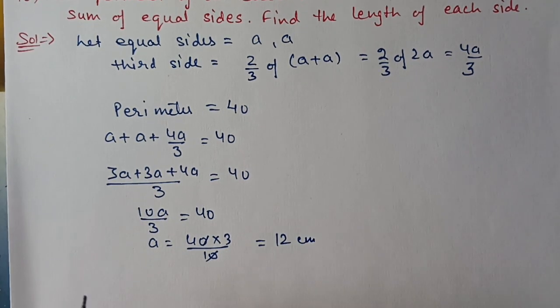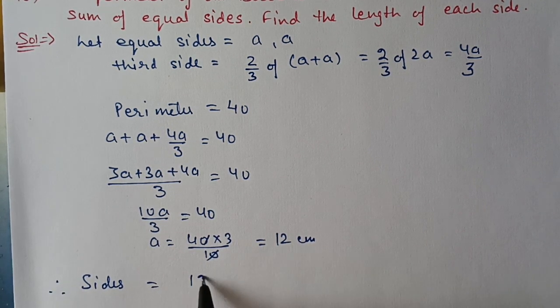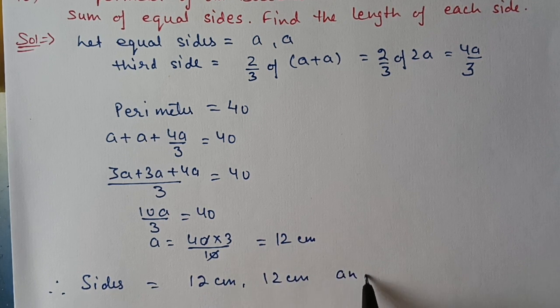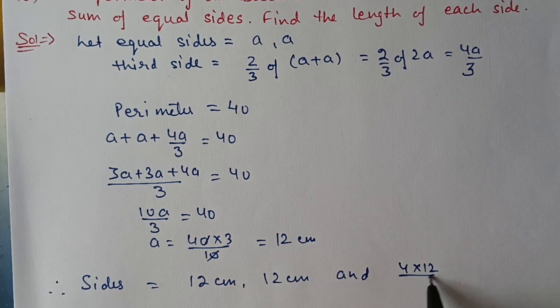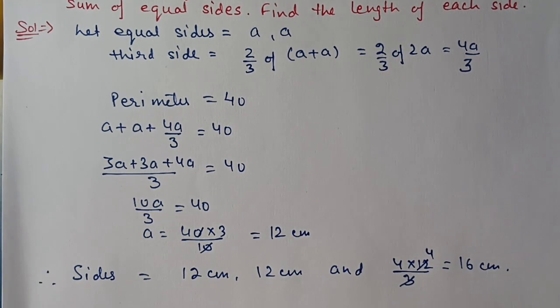So all the three sides we have to write here. Therefore the sides will be: first side is 12, then second one is 12, and third one is 4A by 3, 4 into 12 by 3 means 16 centimeter.